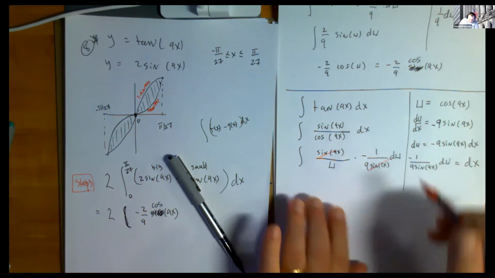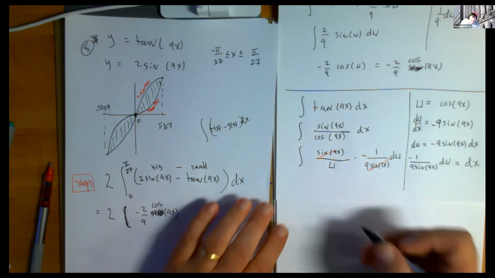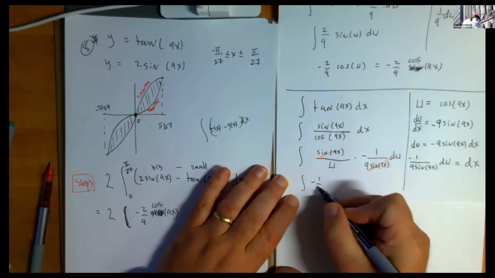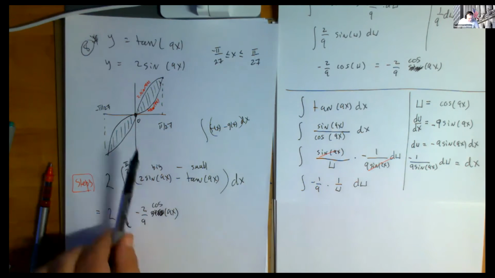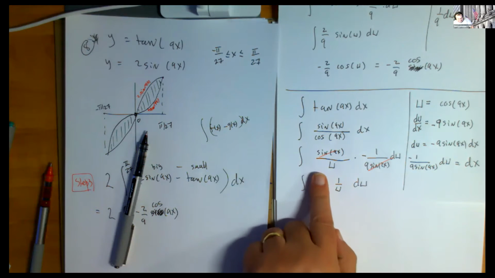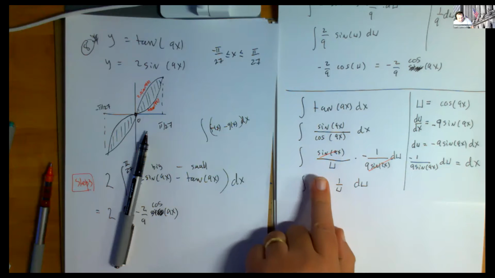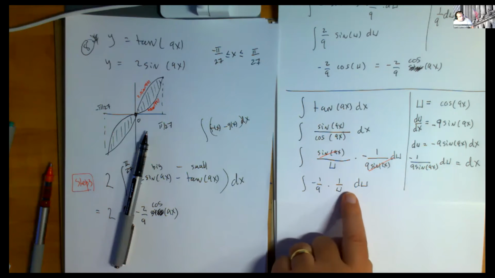Remember that sine of 9x, which might have been a little bit of a worry to you? It actually gets killed off, didn't it? And so what I'm now looking at is negative 1/9 1 over u du. And I'm being very careful to separate this guy from that. That way, when we come to do its antiderivative, won't it be a lot more clear that it's just negative 1/9 the log of u?